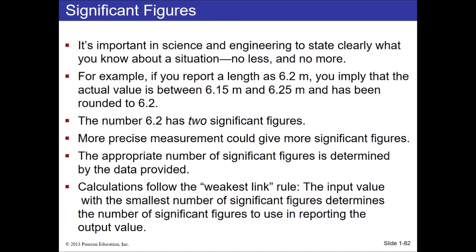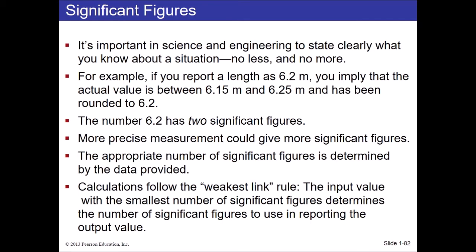Well, the thing that you measured, maybe it was the height of something, 6.2. Is it really 6.2? Is it exactly 6.2? Maybe it was 6.19, and you just rounded to 6.2. In fact, it really could be any number between 6.15 and 6.25. Anything in that range there could be rounded to 6.2.